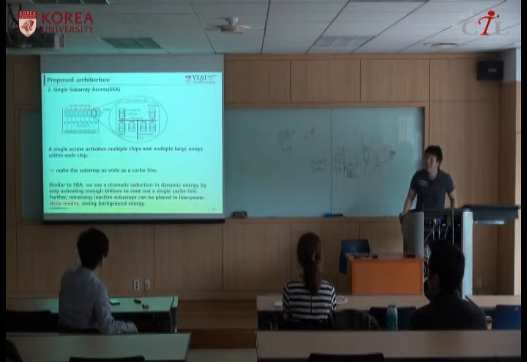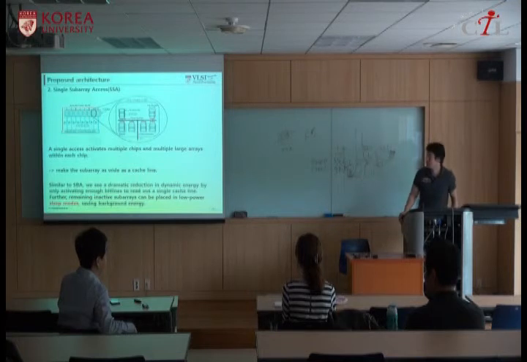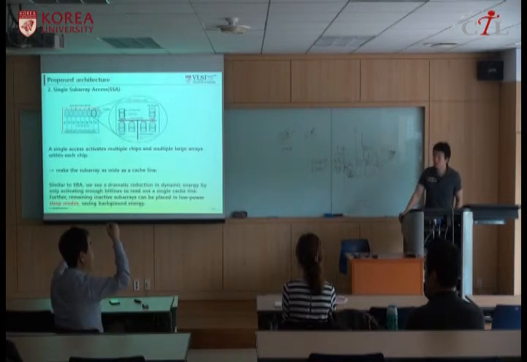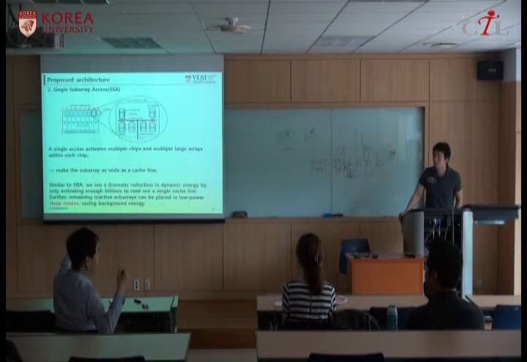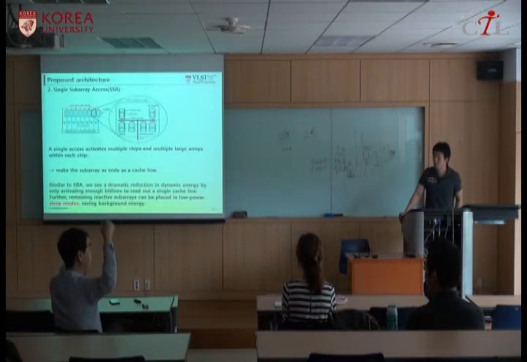And this subarray seems like a bank, and my question is that banks are already employed inside the DRAM chip. They operate only one DRAM bank at a time, but they can work in parallel, in pipeline fashion, because when one DRAM chip is accessed, it takes time, since row access or column access takes quite an amount of time. But the cycle time is different.